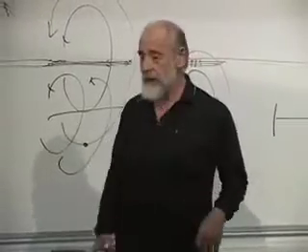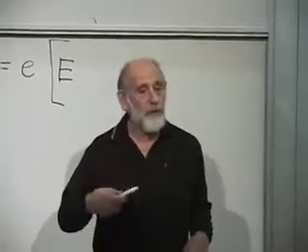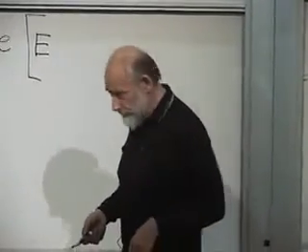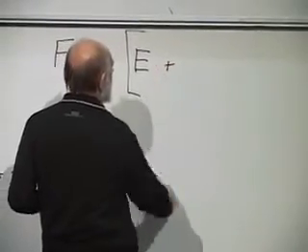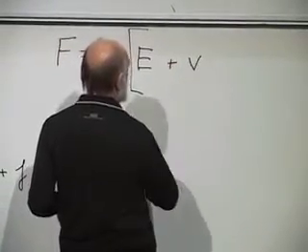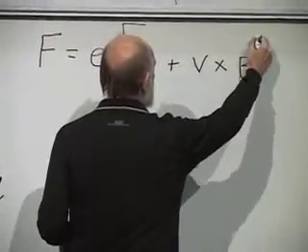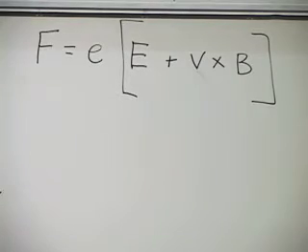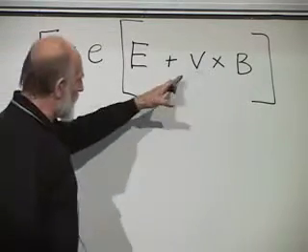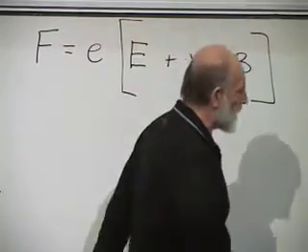So for a stationary electric charge, this is all there is. Then there's a velocity-dependent force, and it's plus the velocity of the particle cross product with the magnetic field. So it's proportional to the product of velocity and magnetic field. It points in the direction perpendicular to both the velocity and the magnetic field.